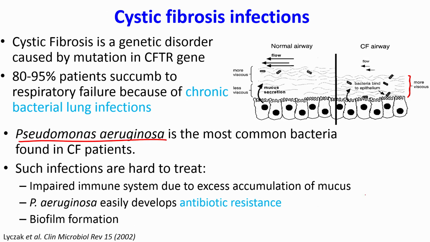It is a gram negative bacteria that colonizes your lung if you have cystic fibrosis, and such infections are actually very hard to treat. First of all, because there is already an impaired immune system present in the surrounding, as this mucus is so thick that the immune cells are also finding it hard to move around in this mucus. Then the Pseudomonas aeruginosa actually develops antibiotic resistance to whatever antibiotic you are giving.